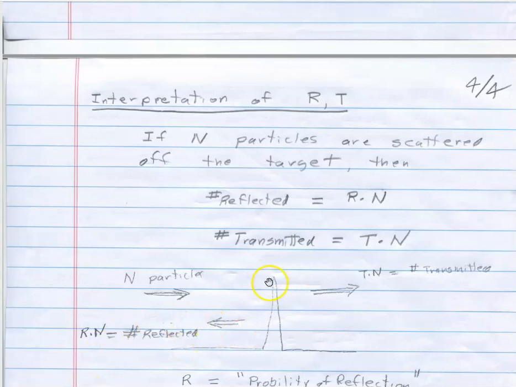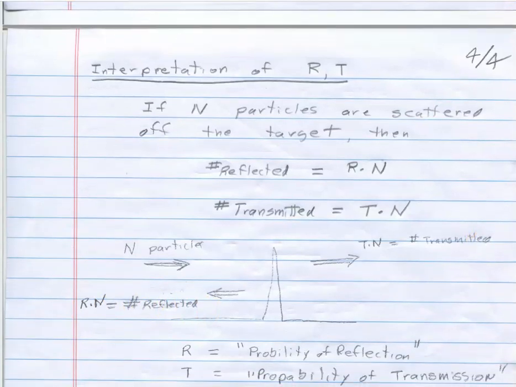And likewise, for the number reflected, if you send in n particles, and R is the probability that any one of them gets reflected, then R times n is the number one expects to come back at us in a reflected beam.